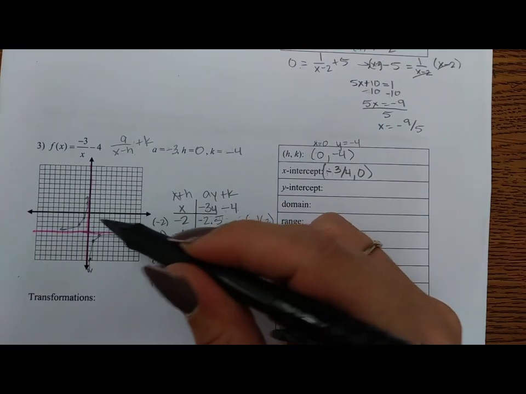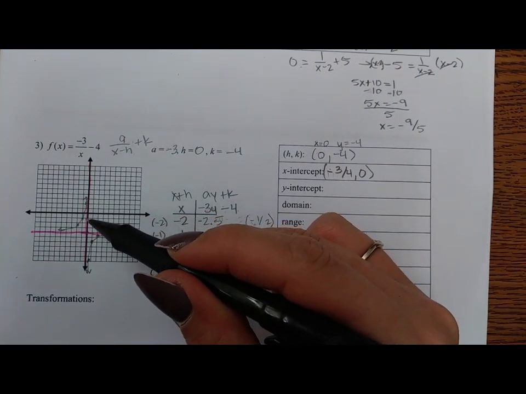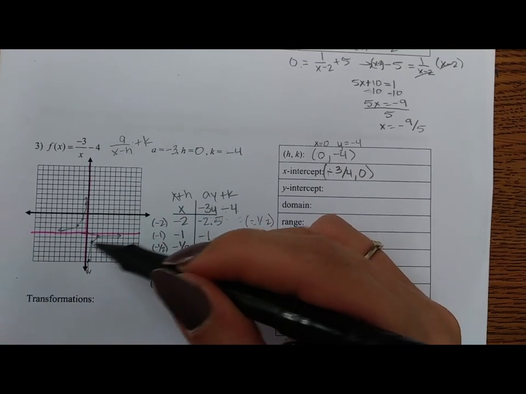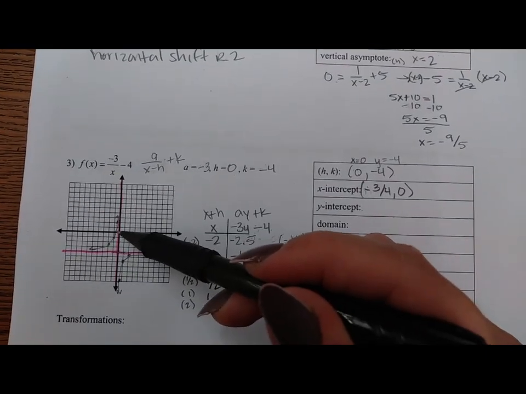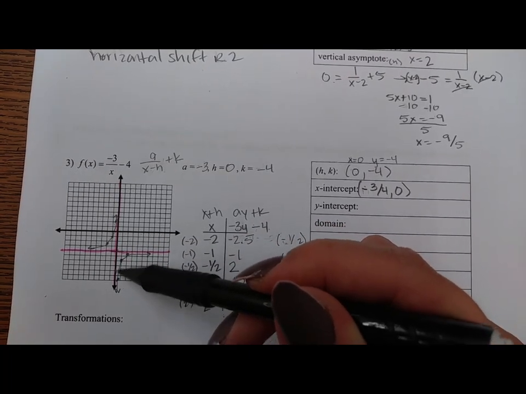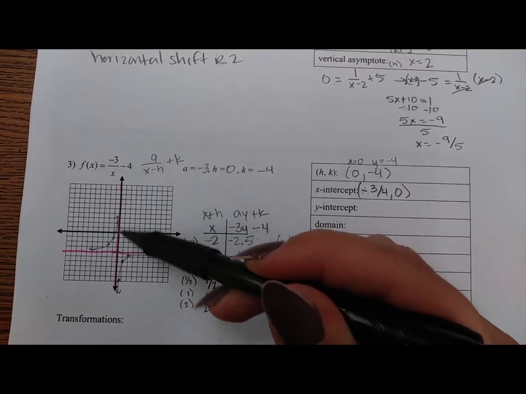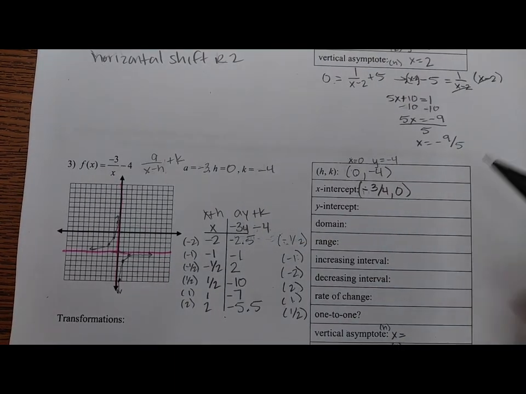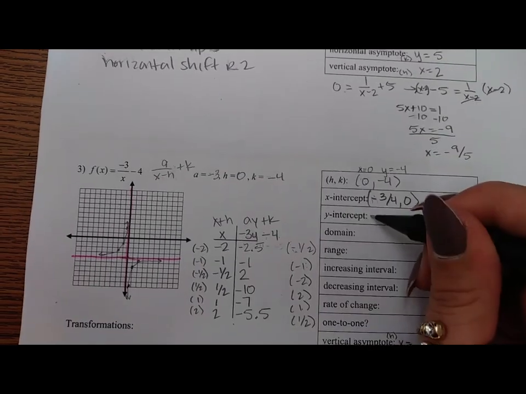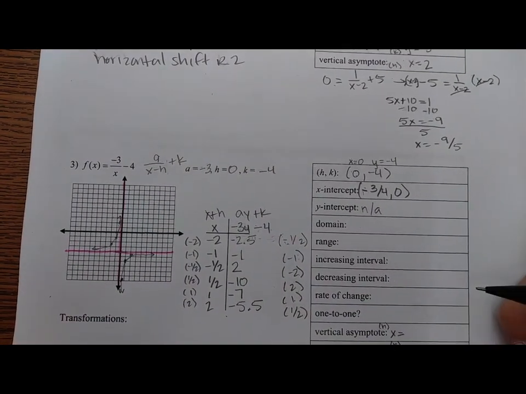And for y, we know that the x equals 0 and the asymptote goes right through the y-axis, so the y-intercept will never exist. So we say NA.